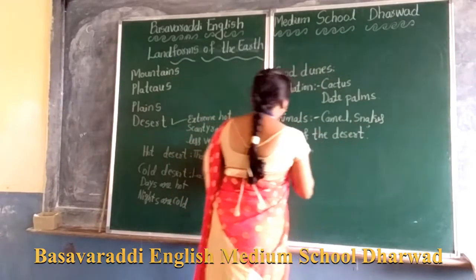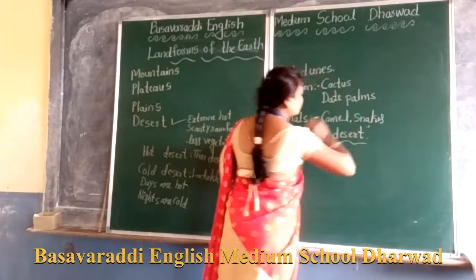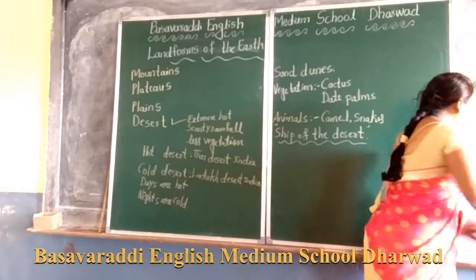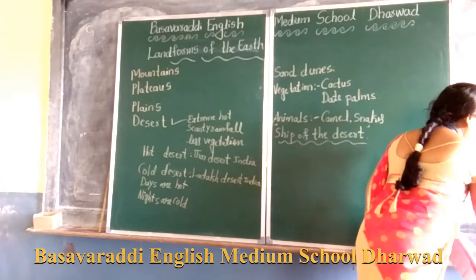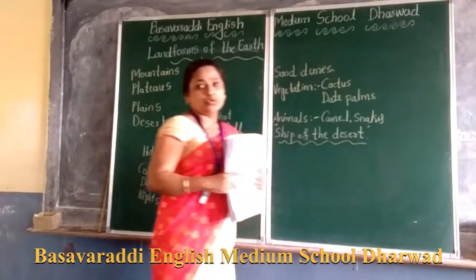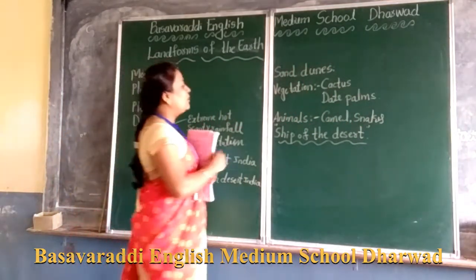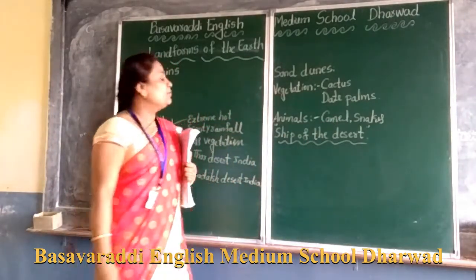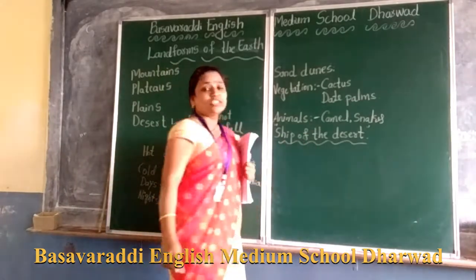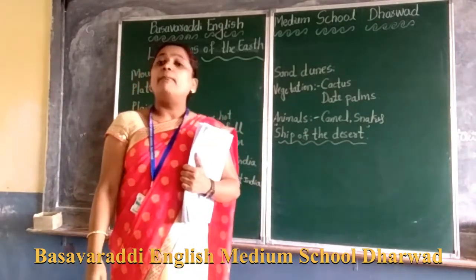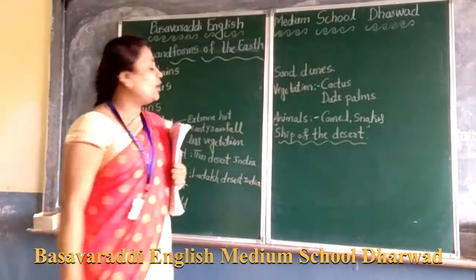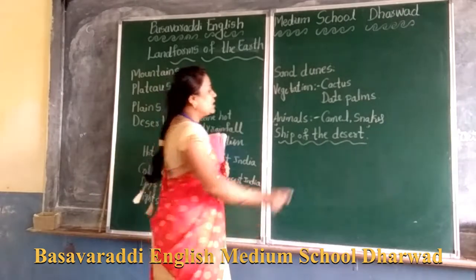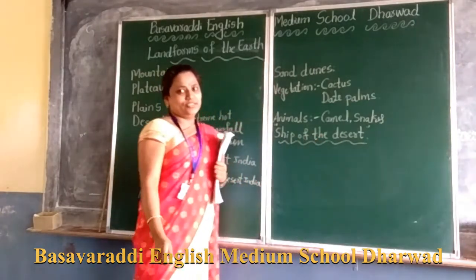Why is it called the ship of the desert, children? Because in desert area, people use camels for carrying heavy loads. Because of this reason, camel is called the ship of the desert. Camel can survive without water for months together. That's why camel is known as the ship of the desert.